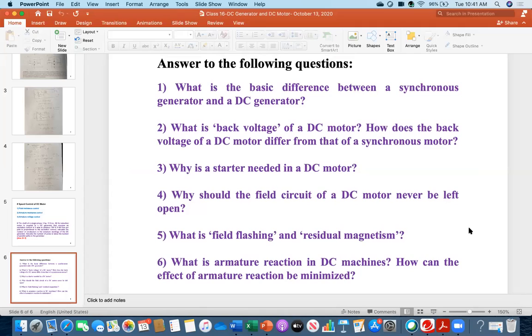The answer should not be long. It should be exact, to the point. You might draw a diagram, whatever, for your own better understanding and explanation. So everybody please take 1 or 2 pieces of paper.